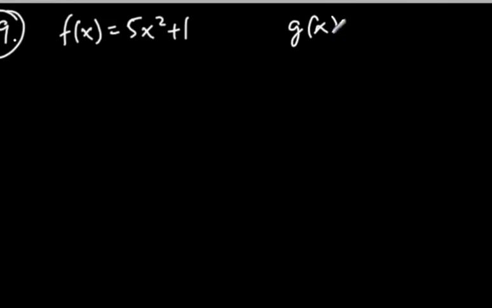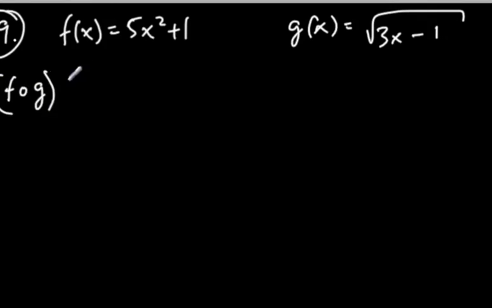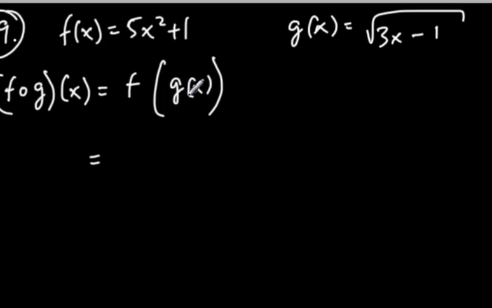Number 9 says f of x is 5x squared plus 1, and g of x is equal to the square root of 3x minus 1. Now, if you want f of g of x, what are we going to sub in for g of x?